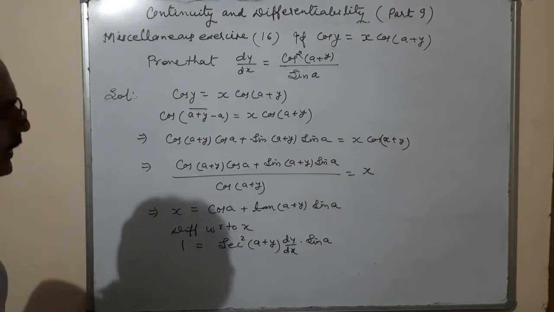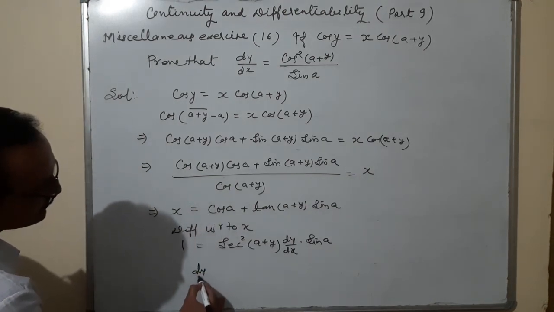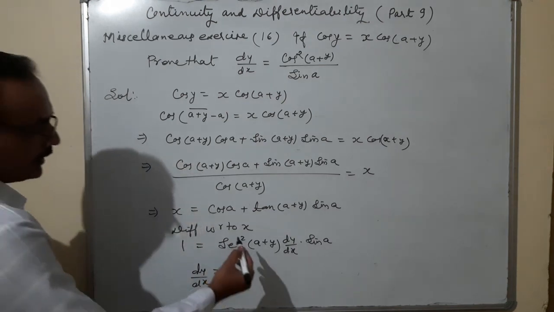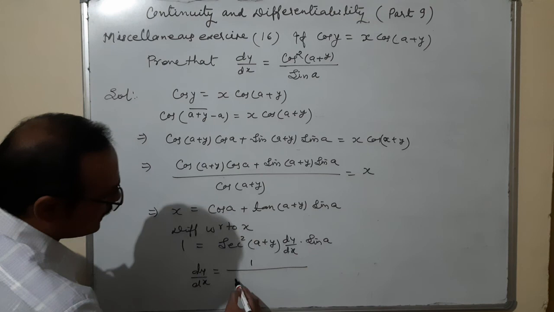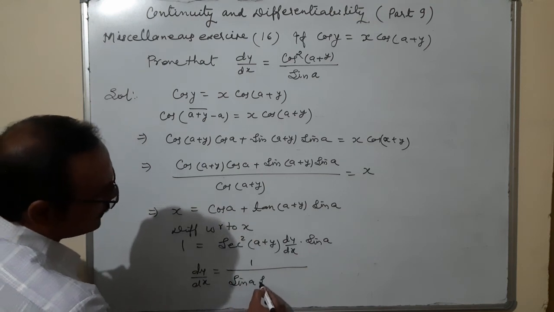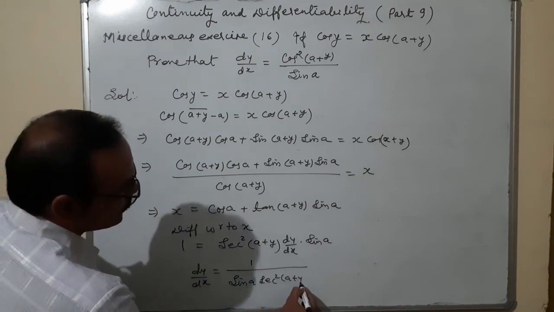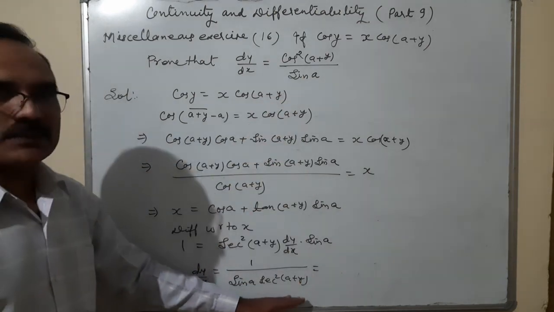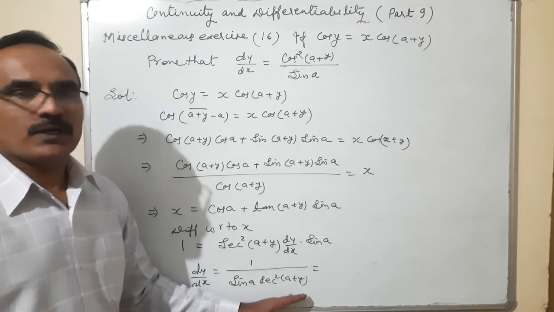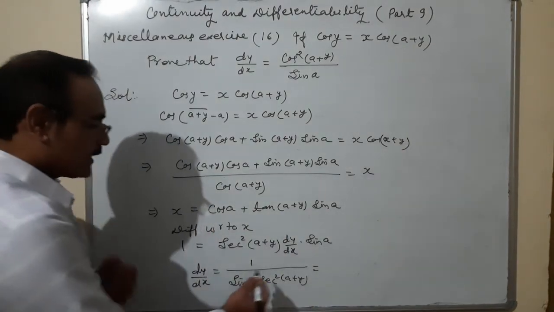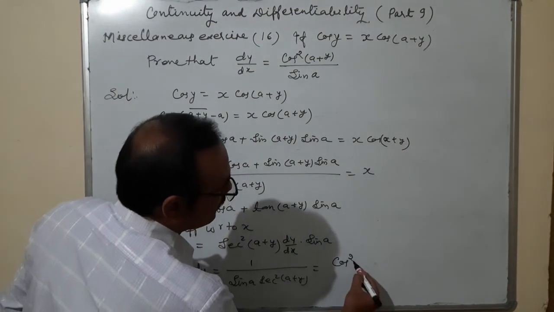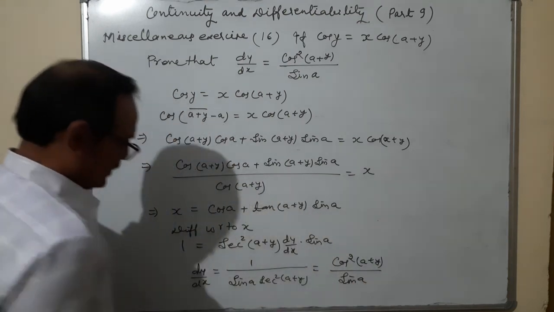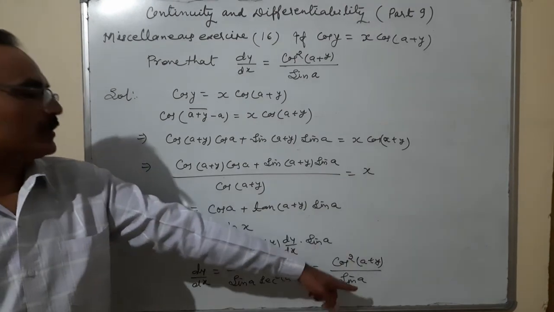So that means dy by dx is equal to 1 upon sin a into sec square a plus y. Okay. Sin a remains as it is, and sec square a plus y, because sec is the reciprocal of cos, goes to the numerator. So cos square a plus y upon sin a. So the value of dy by dx is equal to cos square a plus y upon sin a.